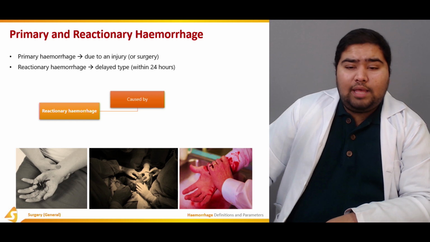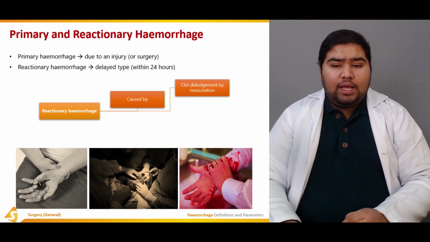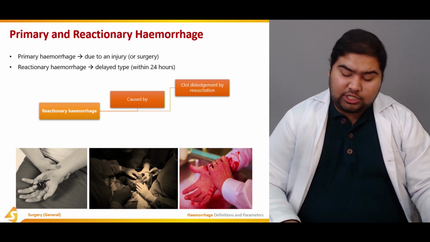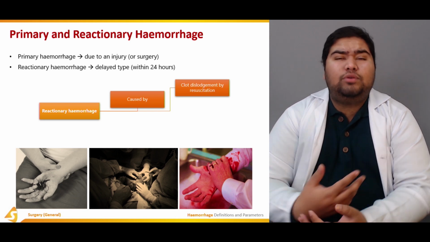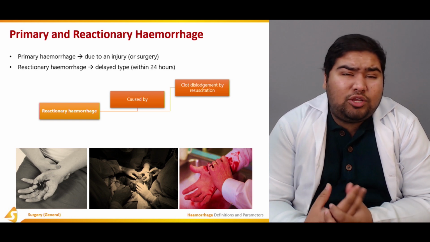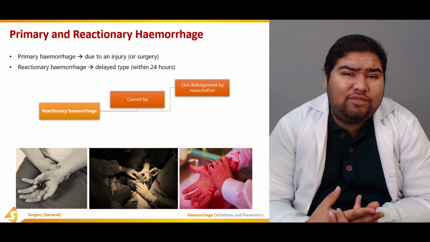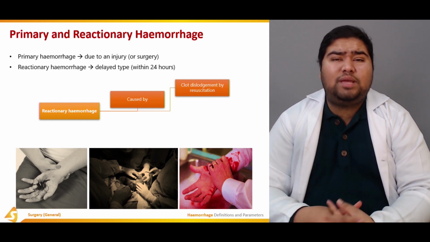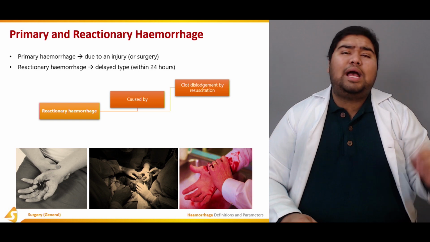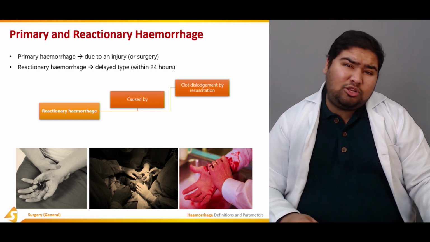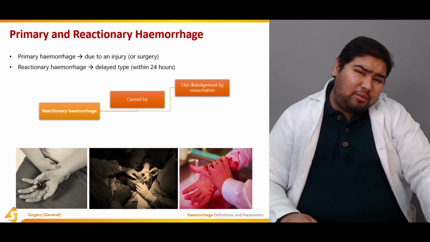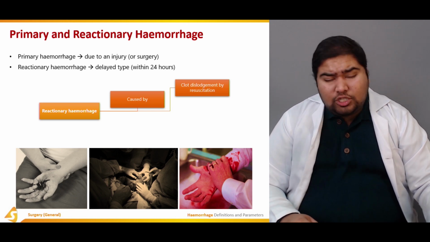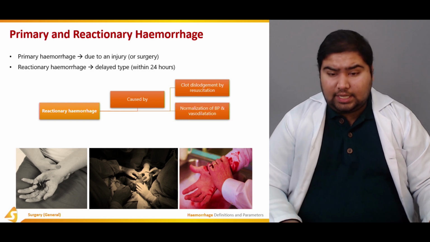Reactionary hemorrhage is usually caused by clot dislodgement by resuscitation. How can that occur? You are trying to resuscitate your patient, and during resuscitation you are performing CPR. As a result of your CPR, there's intense pressure, and this pressure dislodges a clot that has been stopping the bleeding, and as a result the bleeding restarts.